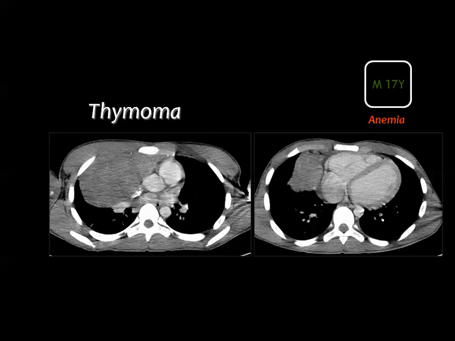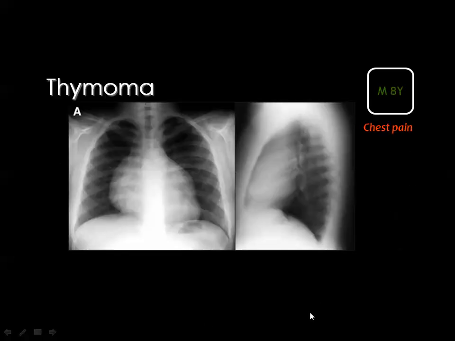Of course, mediastinal masses are usually diagnosed by CT-guided needle biopsy and or ultrasound-guided needle biopsies, unless there are some supportive diagnostic criteria, as I will mention. Here, in the chest X-ray, there is broadening of the mediastinal borders.